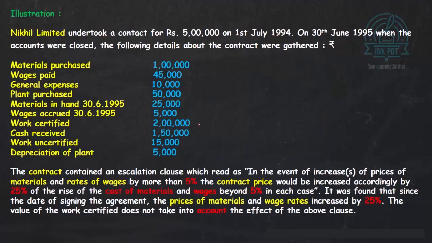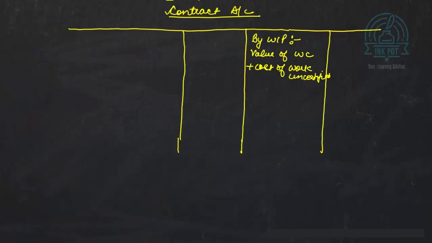Value of work certified is 2 lakh, and value of work uncertified is 15,000. So let's write it, 2 lakh, and then we have 15,000, right?